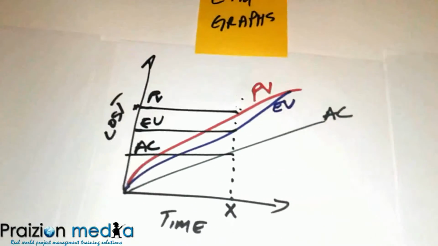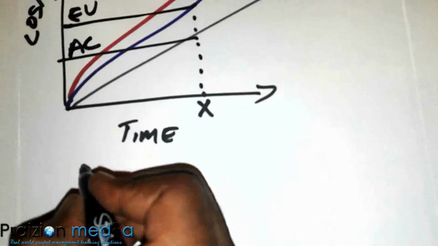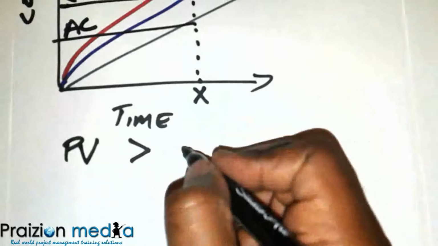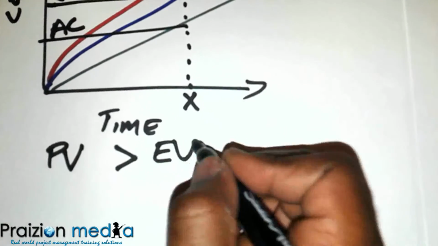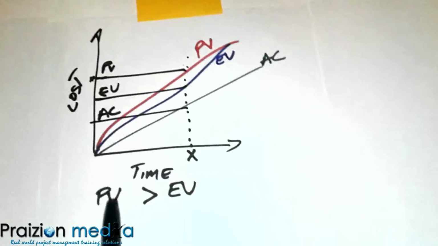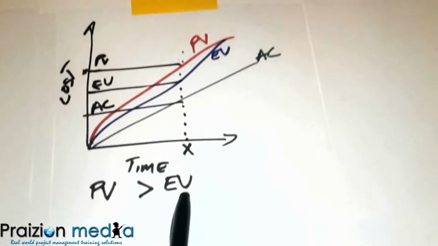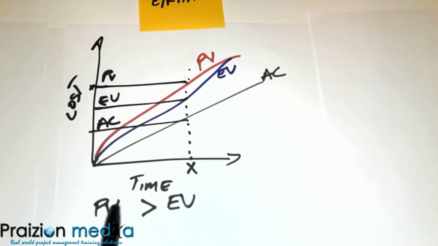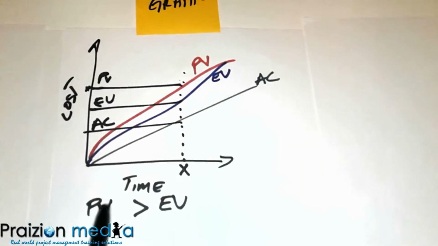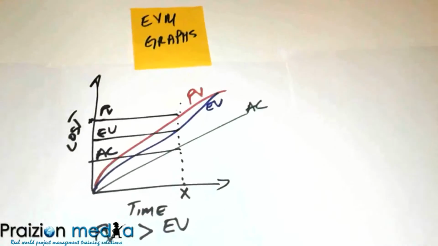If you have a scenario like this, what this means is the plan value is greater than the earned value. Think about it. Is that good? Remember my previous video? I talked about the promise, and what was actually accomplished. This is what you promised, and this is what you have actually accomplished. If what you promised was more than what you've accomplished, that's not good, right?